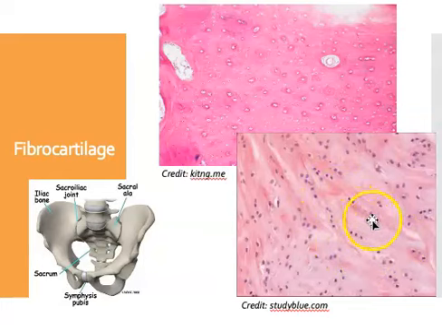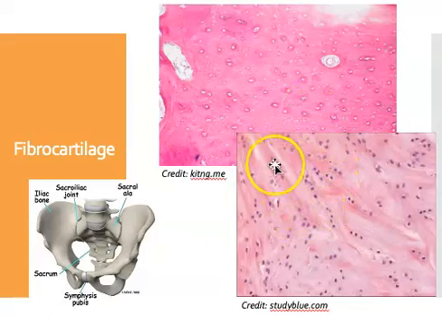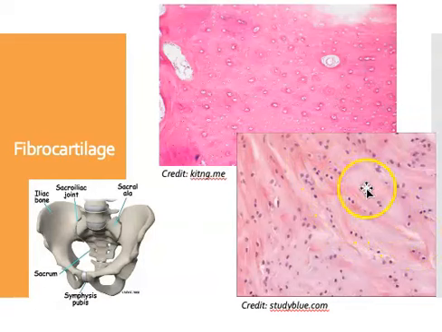It looks like there are fibers of material running through the space around the cells. You'll notice that the tissue takes up stain differently. It doesn't have a nice, smooth, even appearance. Up on the top, that's not nearly as noticeable, but you can definitely see this fibrous material running through the matrix in the bottom image.